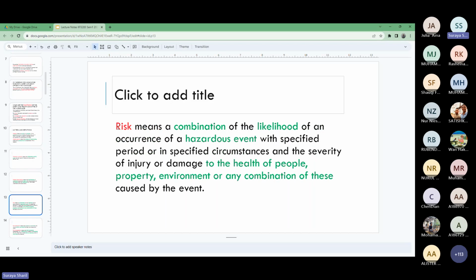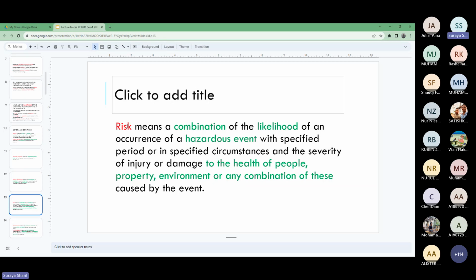Right. Another important term is risk. Risk means a combination of the likelihood of an occurrence of a hazardous event within a specified period or in specified circumstances, and the severity of injury or damage to the health of people, property, environment, or a combination of these.